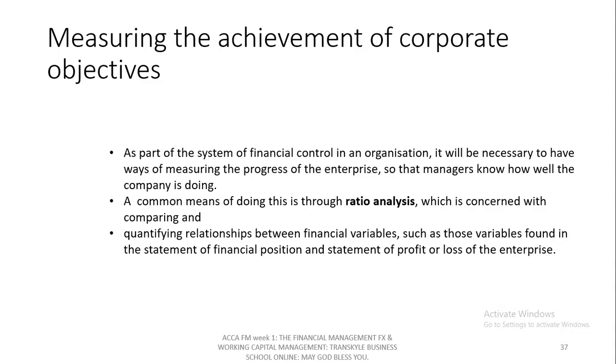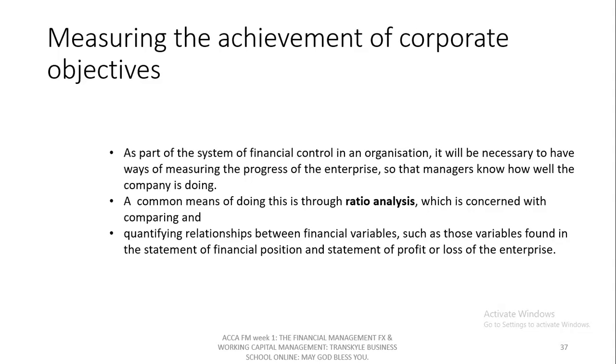How do we measure the achievement of corporate objectives? As part of the system of financial control in an organization, it will be necessary to have ways of measuring the progress of the enterprise so that managers know how well the company is doing.